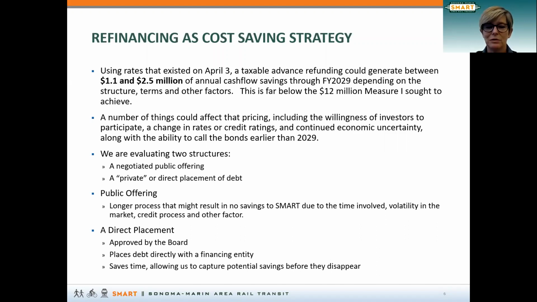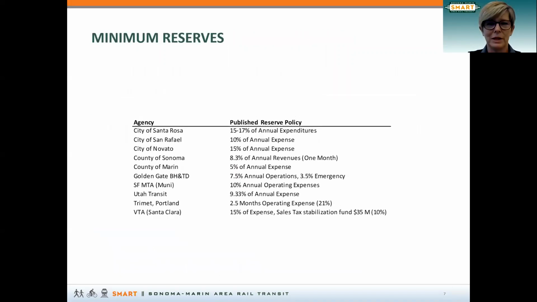It places debt directly with a financing entity, and Russ, you and I talked about this a little bit, that this is an opportunity for us to save a little bit of time and to be more nimble in a market that appears to be somewhat volatile up and down on a day-to-day basis. So we're working with Sarah on that, and she's on the line, and I'm going to have her weigh in at the end. Let me just run through a couple more slides just to get the whole presentation covered, to give you the picture of what we're dealing with right now.